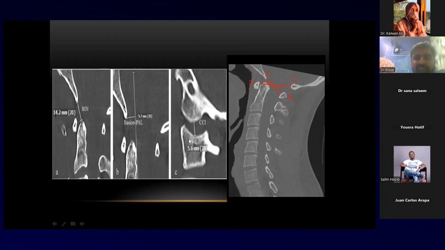And the second thing is called the CCI, the condyle to C1 interval. This diameter is important. This is the condyle, the occipital condyle. The distance between the occipital condyle and C1, we have to measure that distance.